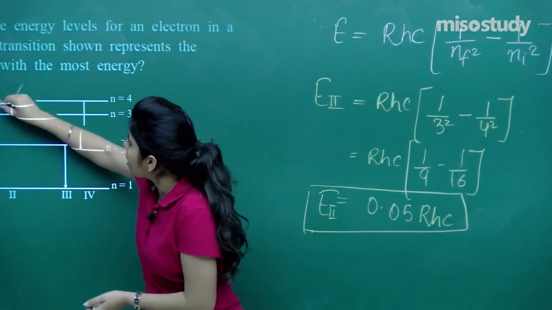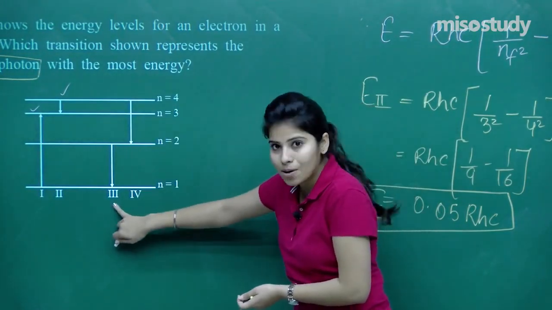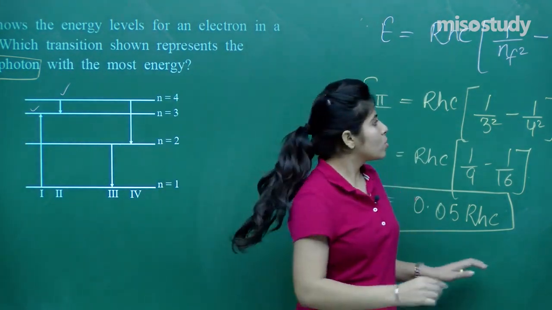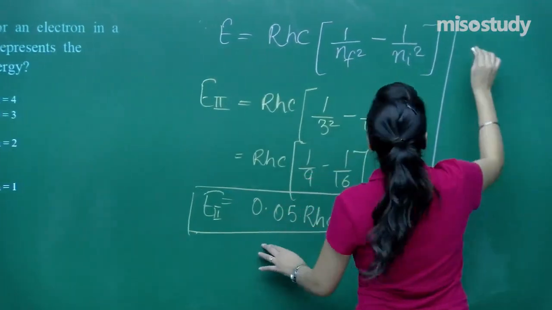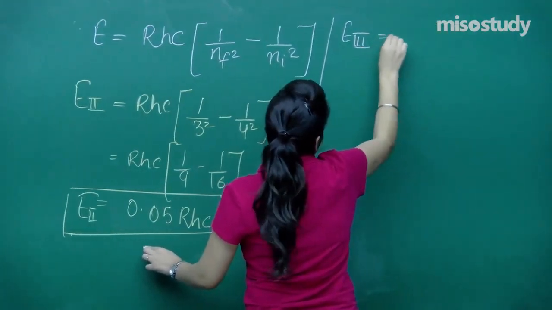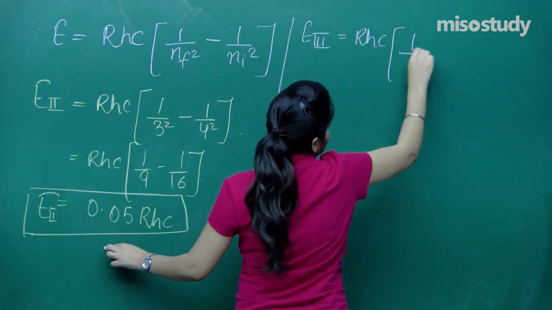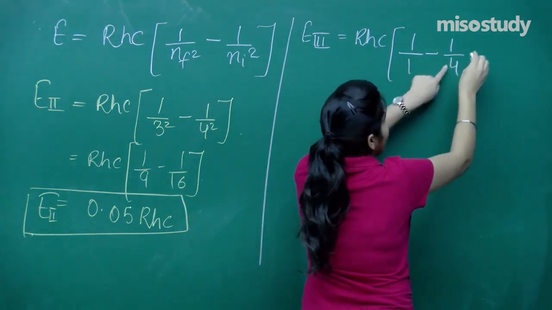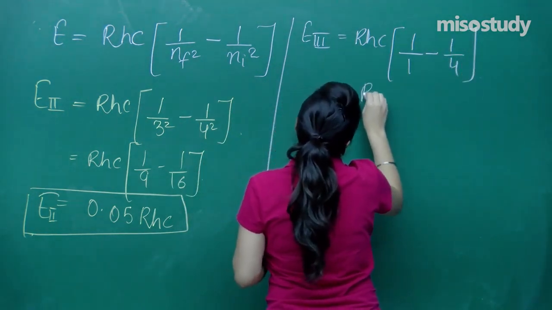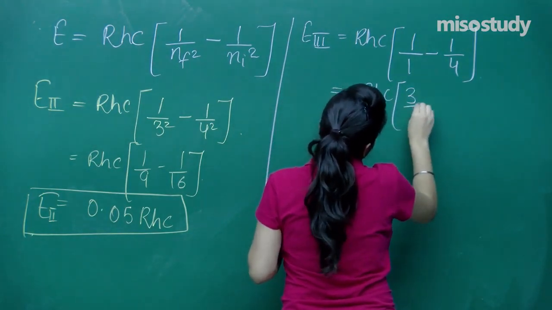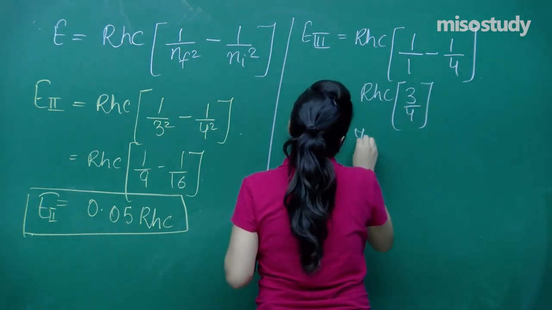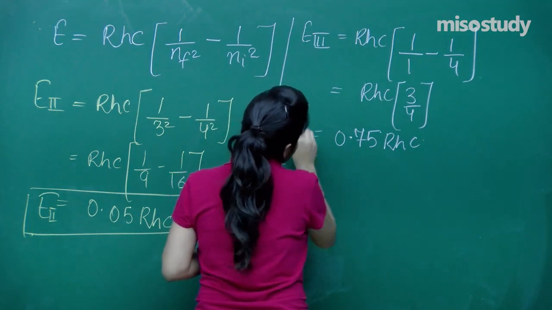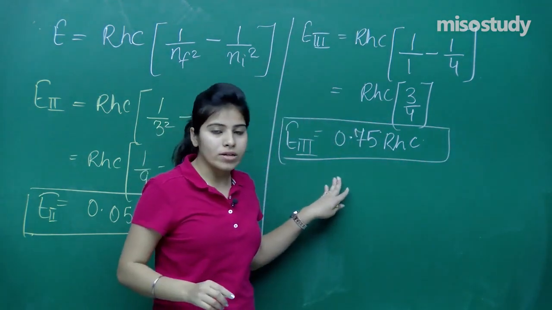We have discussed this and this. Moving towards the third part, in this case the electron is coming from 2 to 1, so your final energy level is 1. 2 square is 4, so I am directly writing this as the energy for the third one, right?